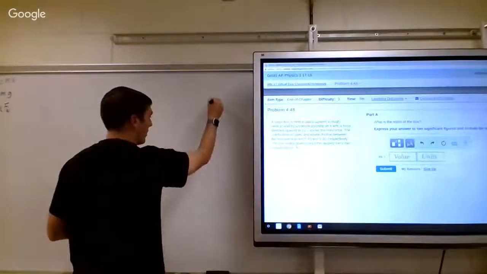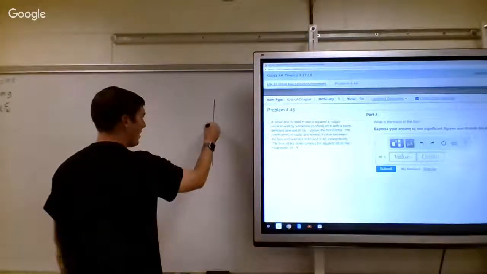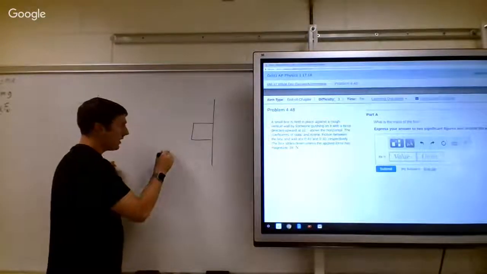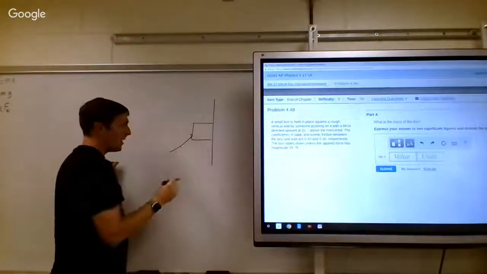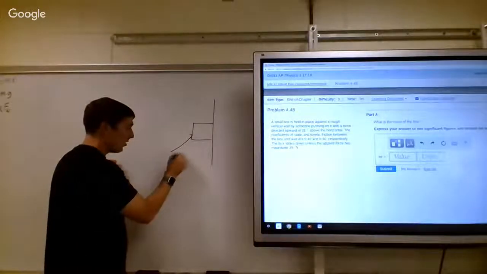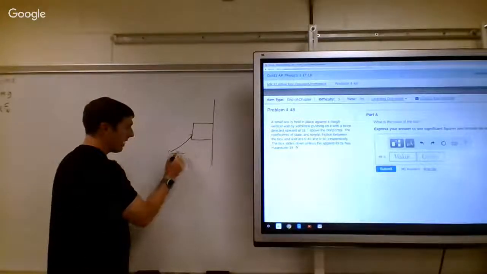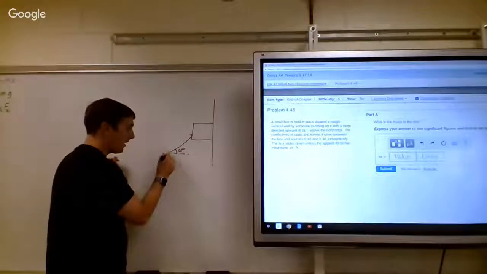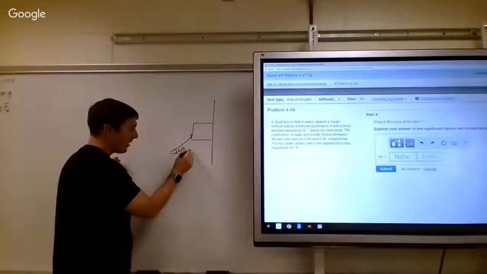So you have your vertical wall, and you have a box on it. There's your box, and you're pushing on it like so, but the angle is 22 degrees from the horizontal. So here's horizontal, and you got 22 degrees from that, which is kind of a weird way of seeing it, but we're going to end up with a triangle.